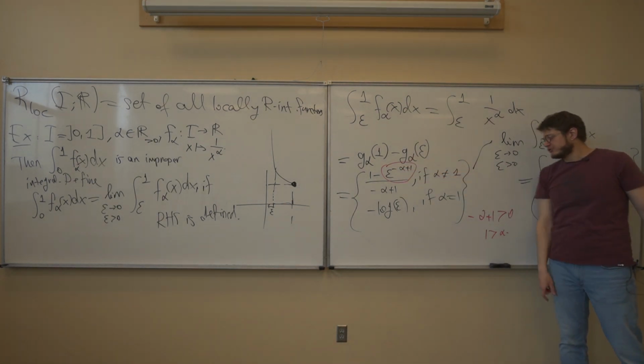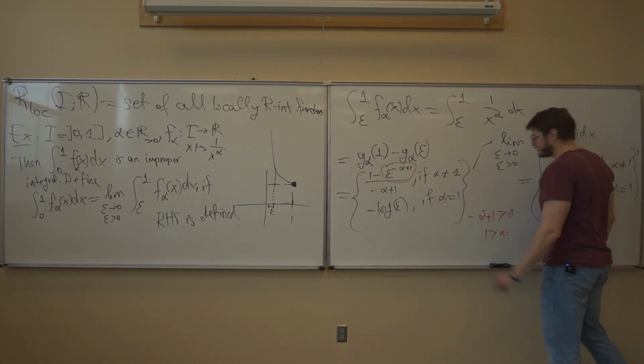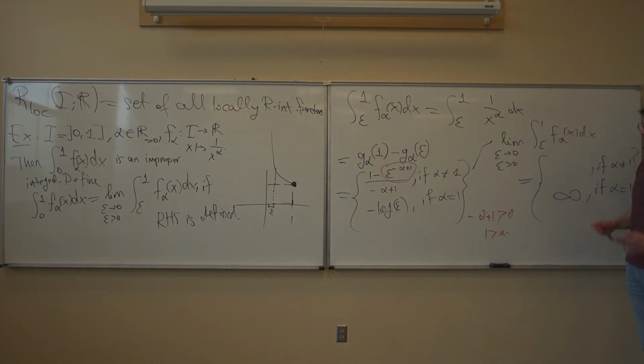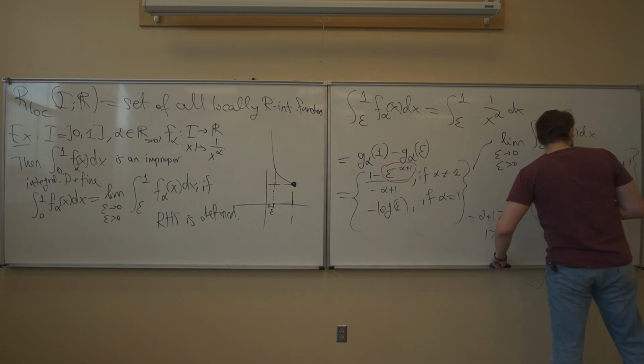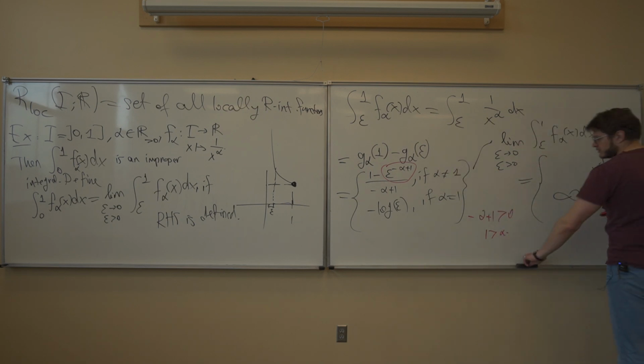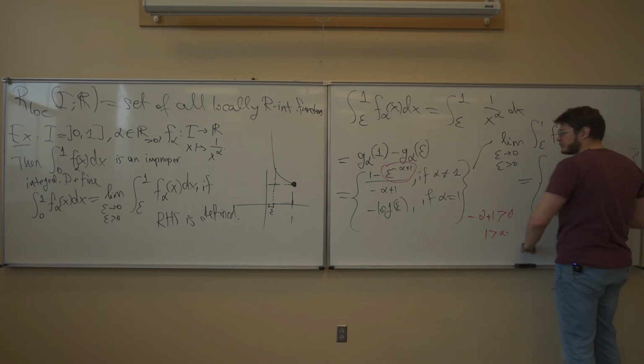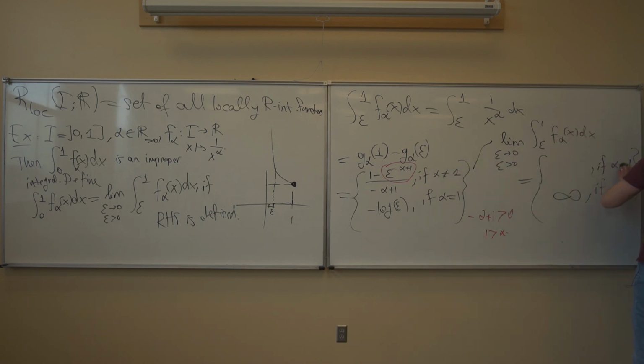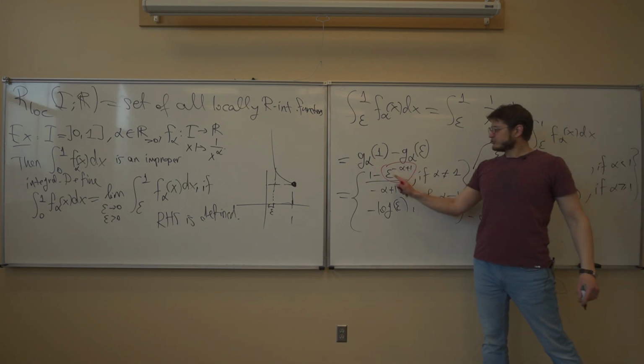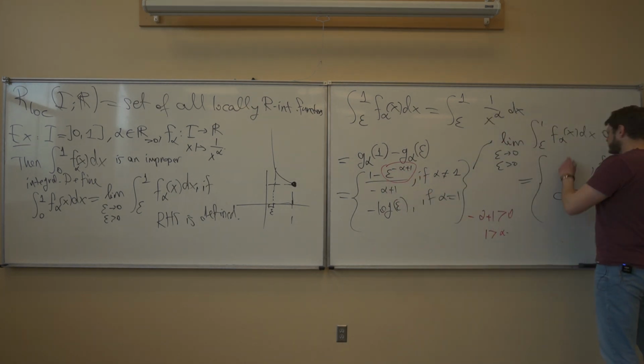I want it to go to 0, which means that I need the exponent to be a positive number, which means that alpha has to be strictly less than 1. Otherwise, if alpha is greater than or equal to 1, this blows up. Otherwise, in the limit, this goes to 0, which means that the integral is 1 over minus alpha plus 1.